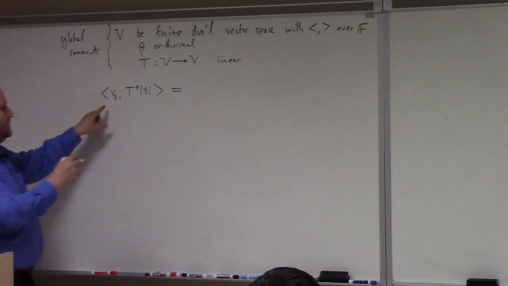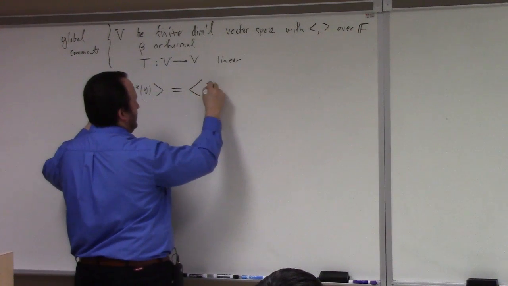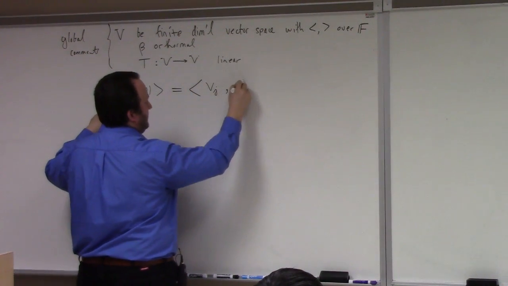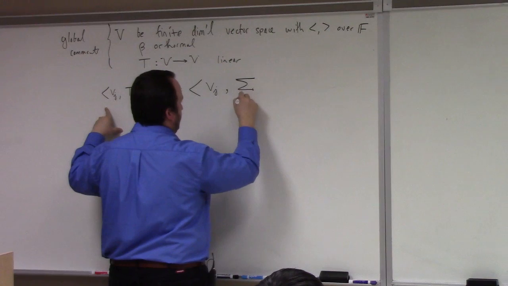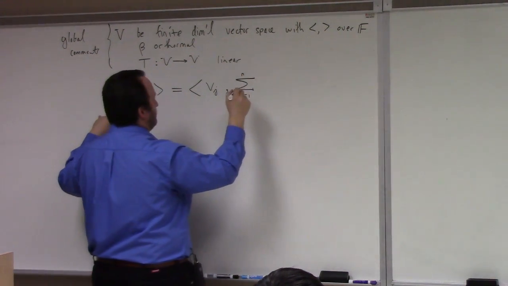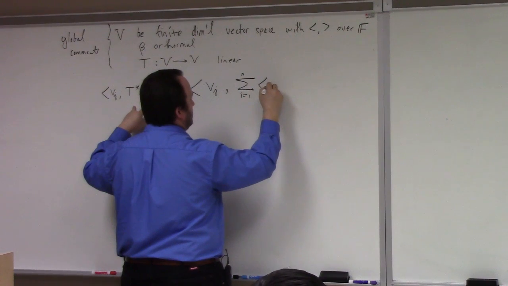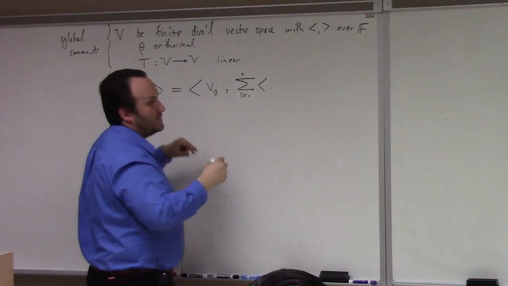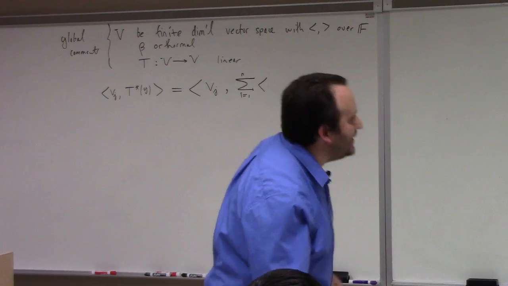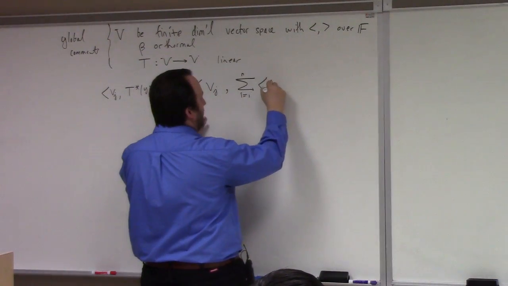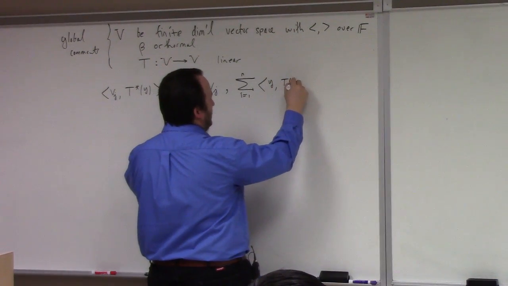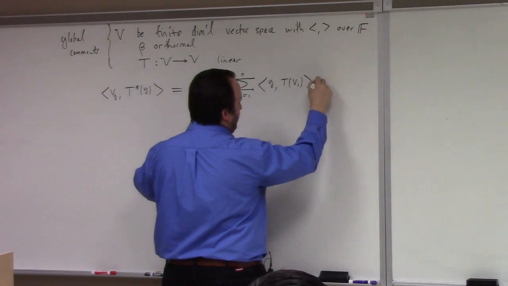All right, so this is vj comma the sum, by my definition, i equals 1 to n of y comma T of vi, vi.